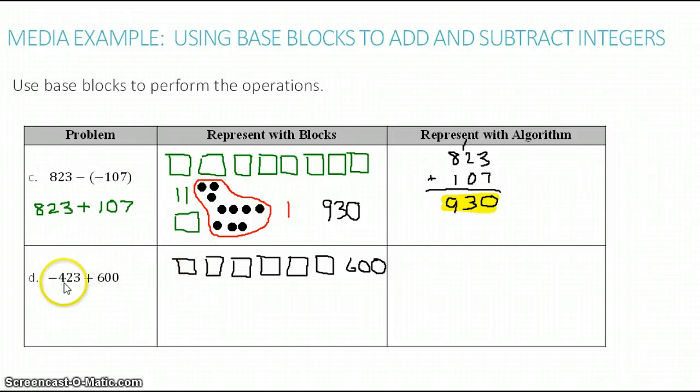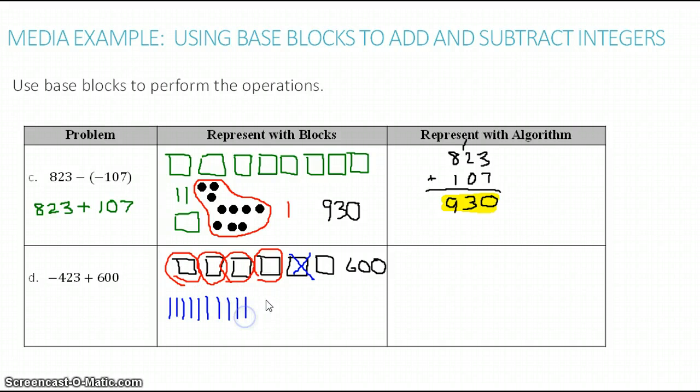I'm going to start by taking away 400 because that's easy. Take away 1, 2, 3, 4 flats. Now we need to take away 23, so 2 rods and 3 units. But notice we only have flats. So let's use a different color, we're going to trade in a flat for 10 rods. 3, 4, 5, 6, 7, 8, 9, 10.